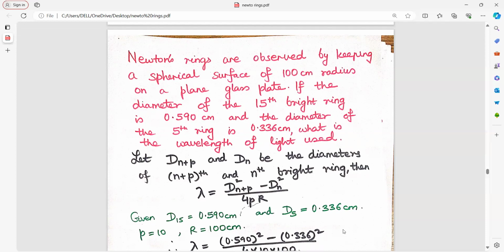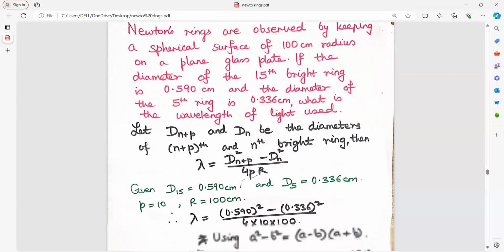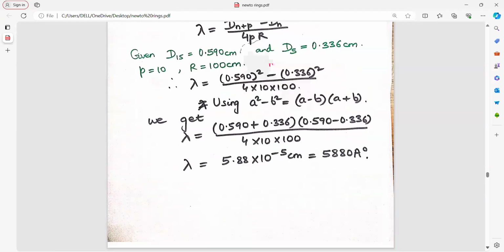D5 is 0.336. p is 15 minus 5, which is 10. And R I have been given as 100 centimeter. I straight away put the values and I get my answer. One small trick, since Dn square is there, use the formula a square minus b square is equal to (a minus b) into (a plus b).